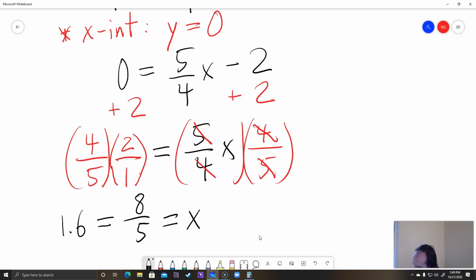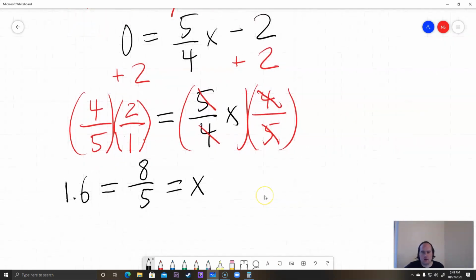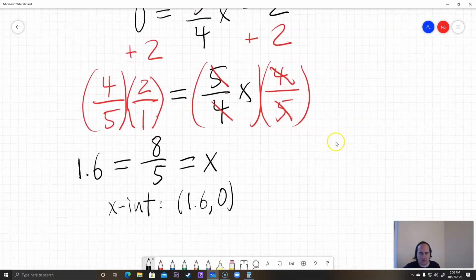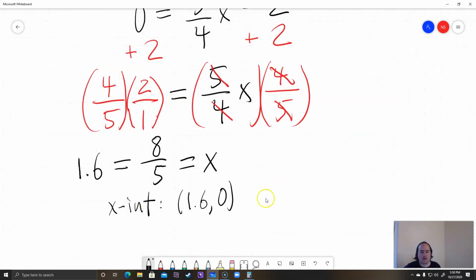It is 1.6. And so that's going to give us our x-intercept. Our x-intercept is going to be x is 1.6, and then y is 0, because remember, for the x-intercept, you set the other variable y equal to 0. And yeah, that's kind of hard to graph, 1.6 comma 0.